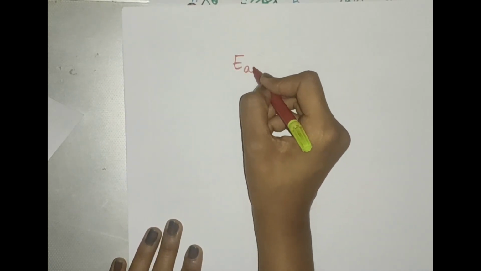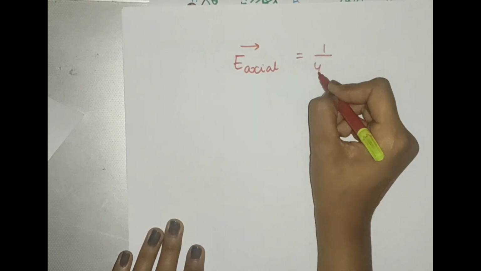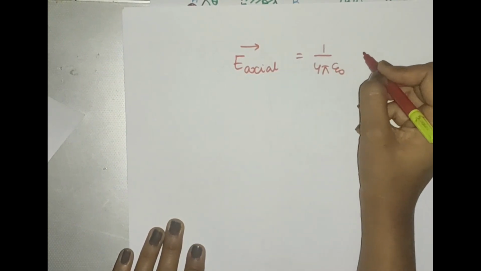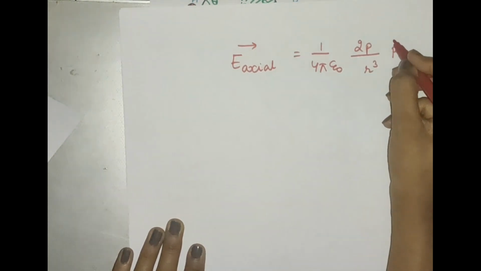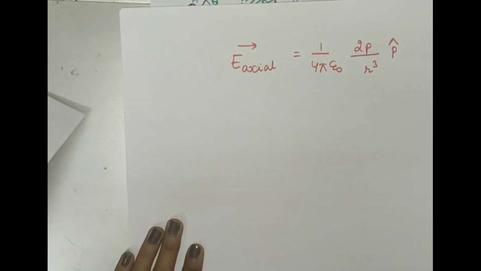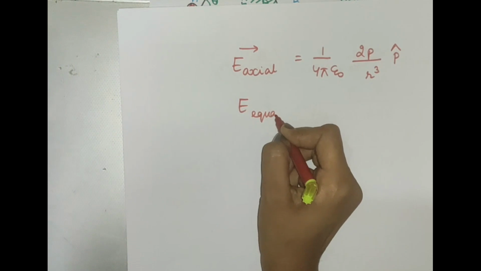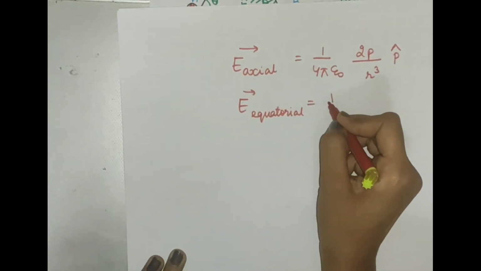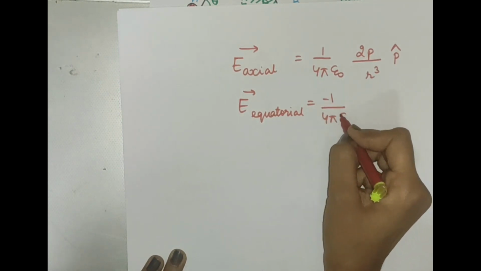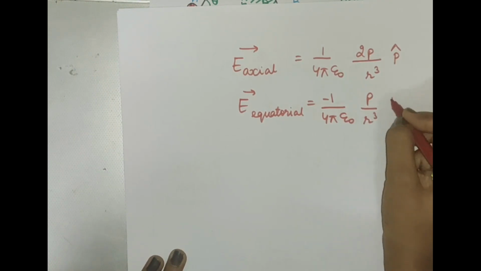We had found that E axial was equal to 1 upon 4 pi epsilon naught 2p upon r cube p cap. And now we have found that E equatorial is equal to minus 1 upon 4 pi epsilon naught p upon r cube p cap.